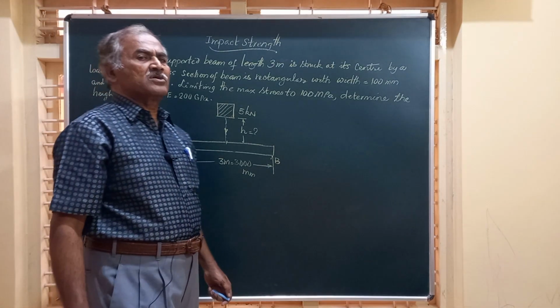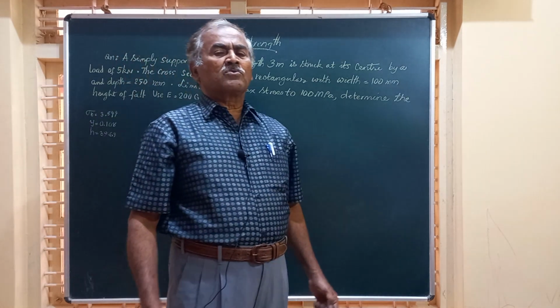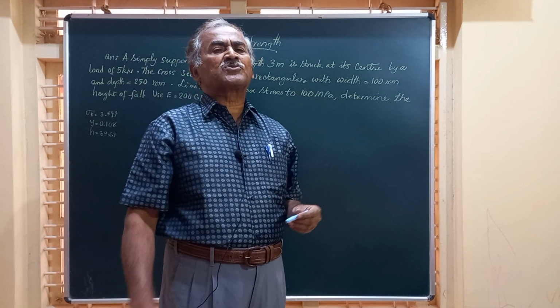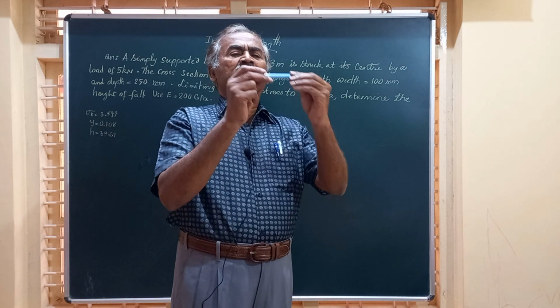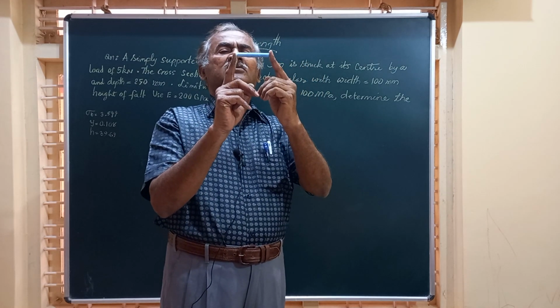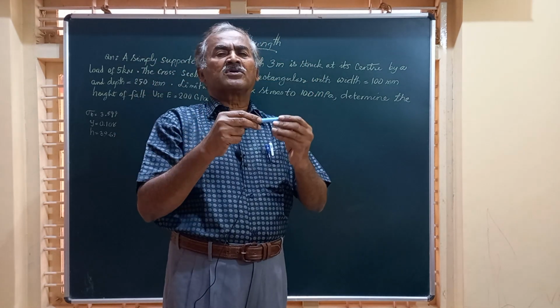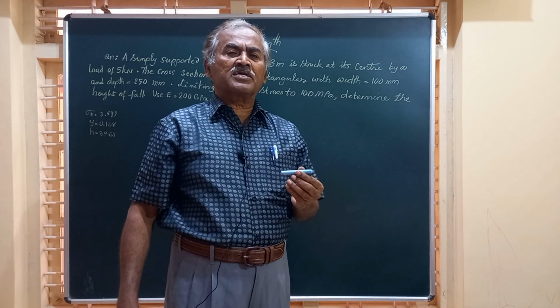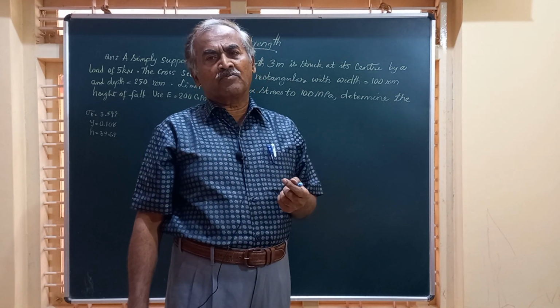First of all, you have to find out what type of stress is induced in the beam. The beam is simply supported at the ends, and there is impact, and this load is causing a bending stress in the member.